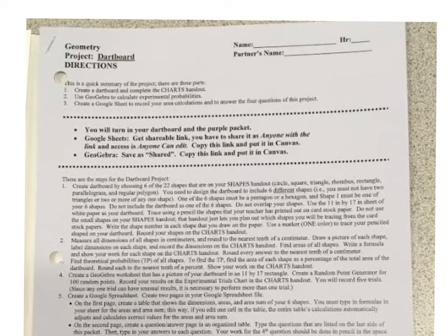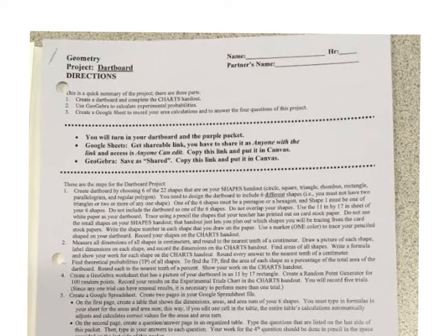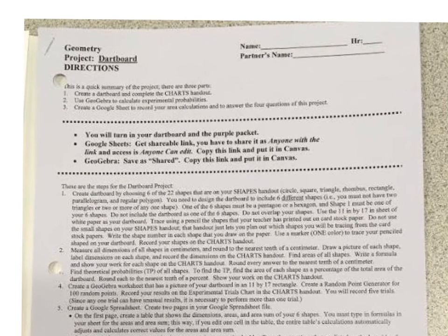Okay, go to your first packet, put your first and last name on the packet, and then write down your partner's first and last name if you are going to work with somebody.